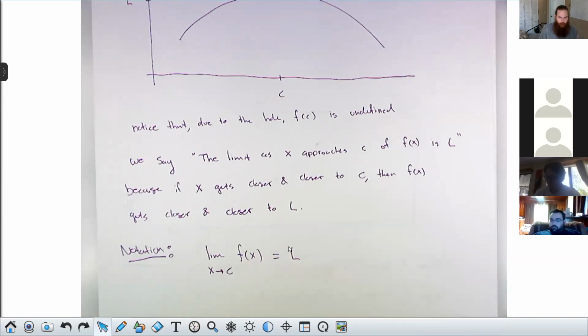Outside of intuition land, we want to get comfortable coming up with definitions that aren't subject to interpretation. So what does it mean to say get closer and closer to? That's kind of subject to interpretation. That depends on what the words mean to you. So we want to come up with a definition that is unambiguous.